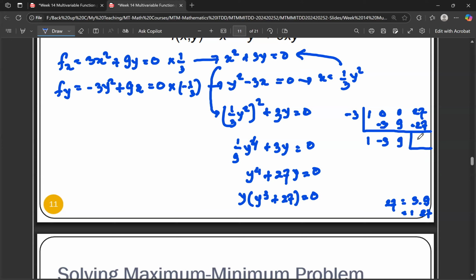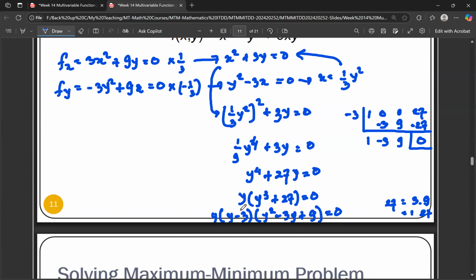And we got the answer become 0. So this will be y minus 3, and then this is the result, y squared minus 3y plus 9 equal to 0.